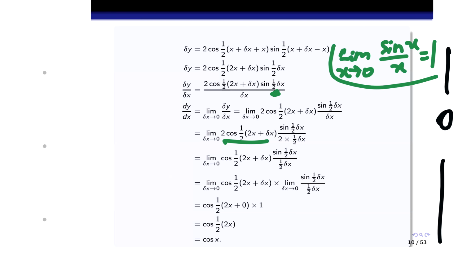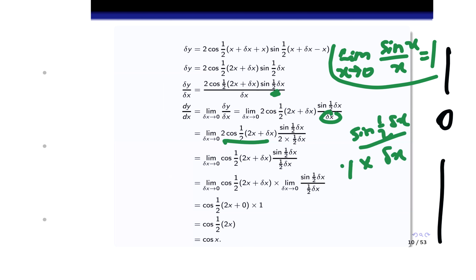So here now we have sine half delta x, but then that delta x is what we have down here. If we want to take care of that, we can say this is sine half delta x up there all over delta x. If you multiply delta x by 1, it is still delta x. And that 1 can be anything. For instance, 2 times half is still 1.